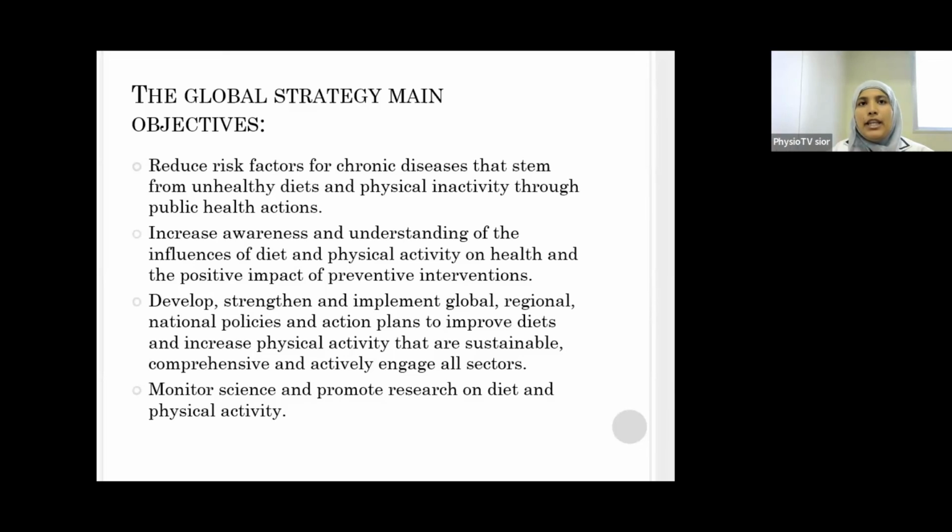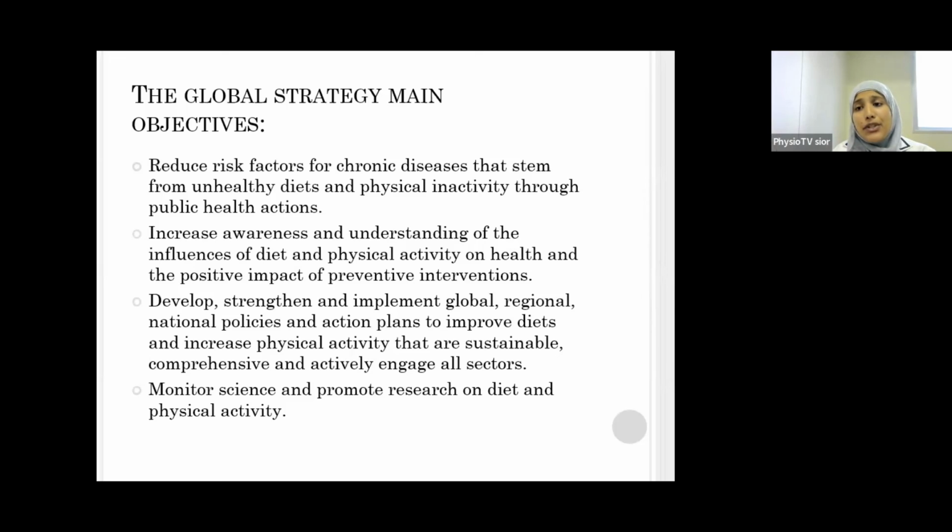There has been a global strategy given by WHO, and their main objective is to reduce the risk factors for chronic disease that stem from unhealthy diets and physical inactivity through public health actions.